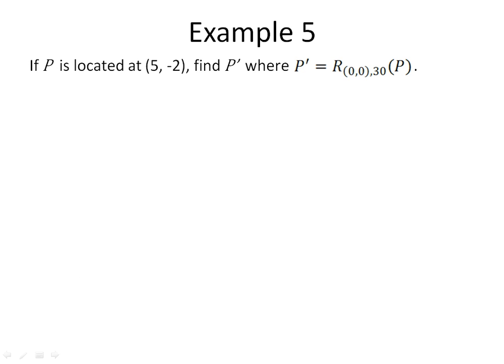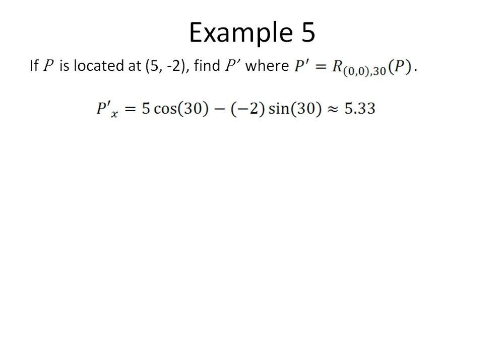If P is located at (5, -2), they want to find P prime, where P prime is equal to the rotation around the origin (0, 0) at a 30-degree rotation. So here's what we have. First, P prime of x.